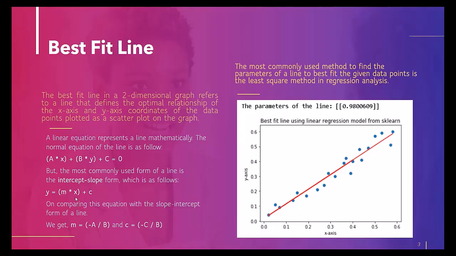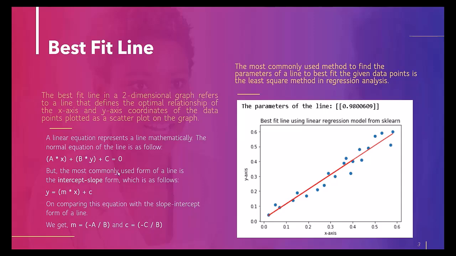Here the slope is the parameter of the line that decides the angle of the line on the graph, and the c is the constant value that represents the y-intercept of the line on the graph, where the intercept is the parameter of the line that decides the position of the line on the graph.